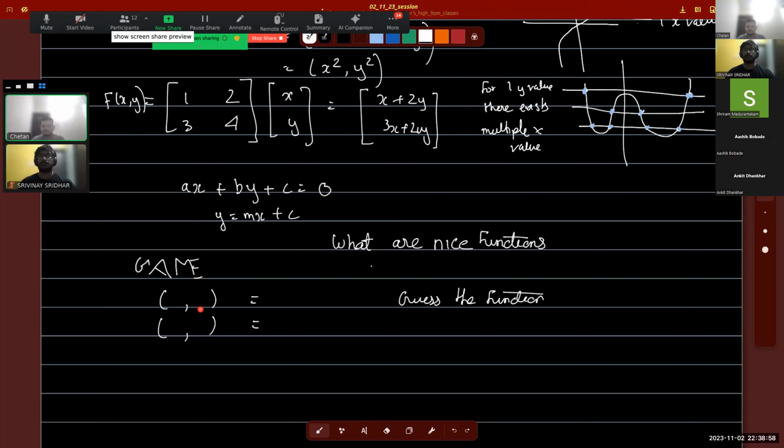I already wrote it on the screen. Before this, I just erased it right now. Okay, 0, 1 and 1, 0. Rishabh, 0, 1 and 1, 0 is Swapnil's input, and another one Rishabh says is 7 comma 5 and 3 comma 1.